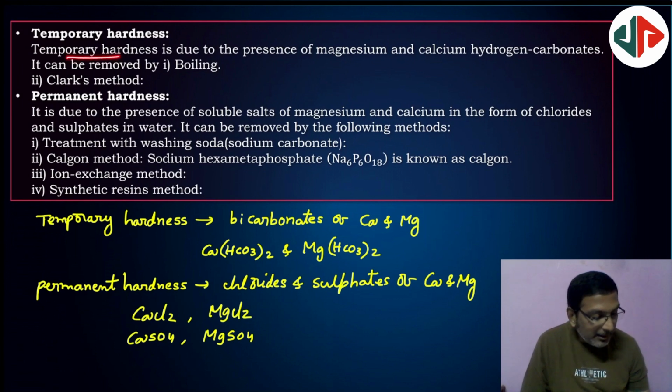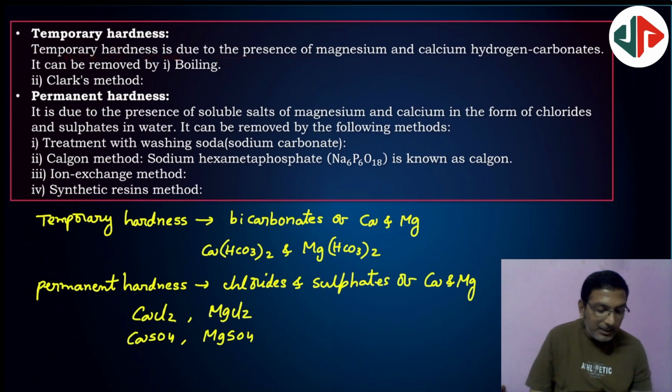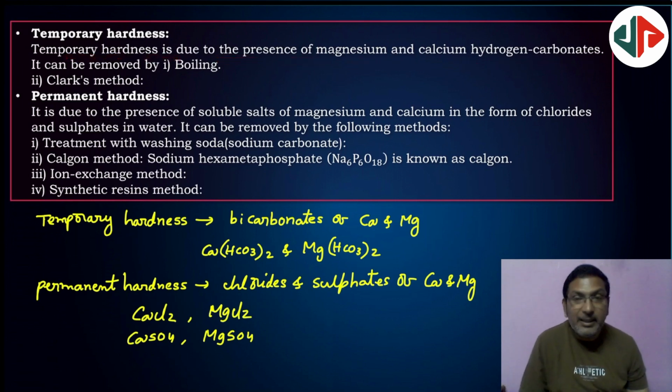Next, temporary hardness is due to the presence of bicarbonates, or hydrogen carbonates, of calcium and magnesium. Bicarbonate is also known as hydrogen carbonate. It can be removed by either boiling or the Clark process.